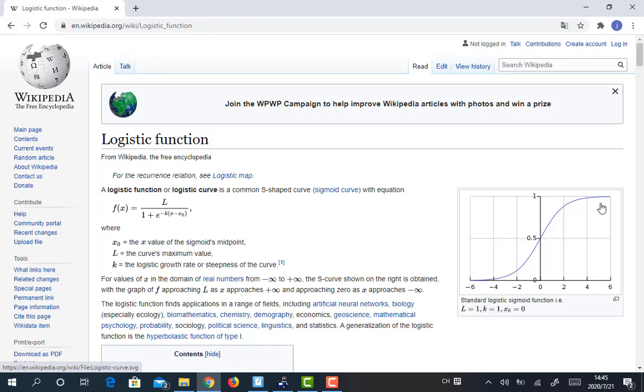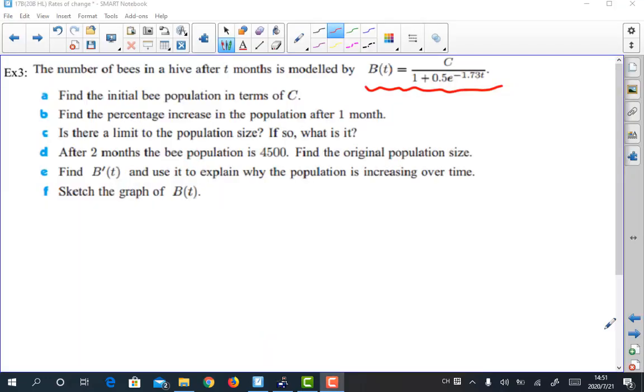So this is a very good question for you to think about for your mathematics IA as well. If you're interested in the logistic function, you can research it on the website yourself. At this moment, let's just try to solve every single question one by one. So A, find the initial bee population. The initial bee population is when T equals 0.